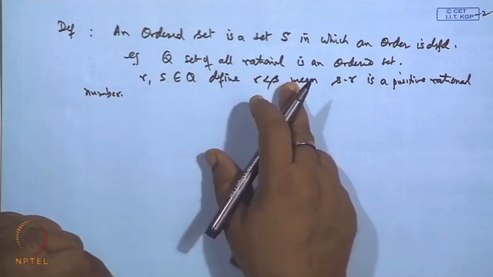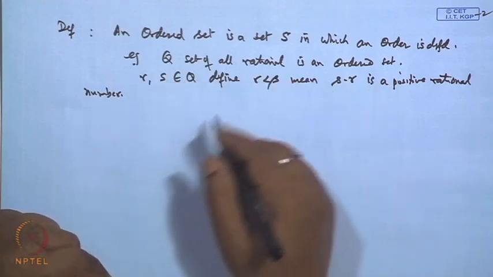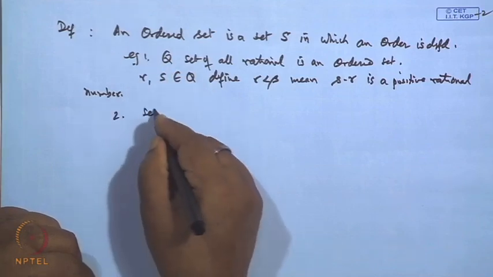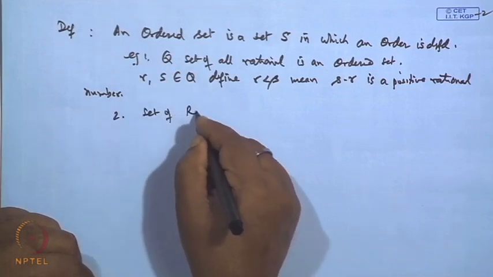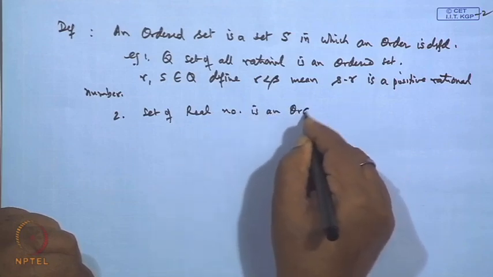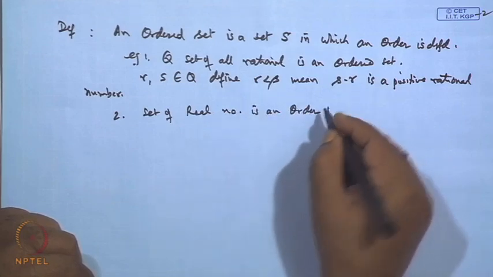So, the set of rational numbers is an ordered set, and the set of real numbers is an ordered set.